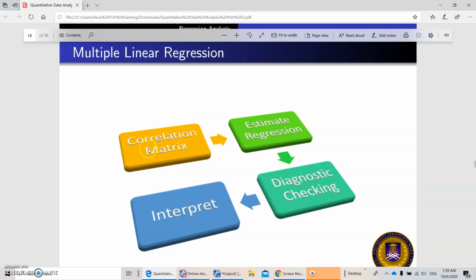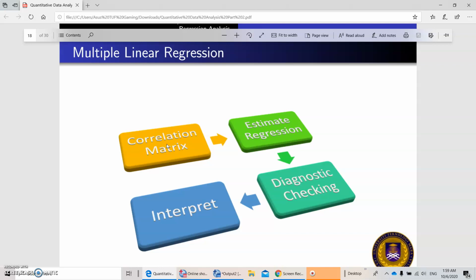These are the steps on how to run the multiple linear regression. First, we check the correlation matrix to see whether there is multicollinearity between the independent variables. If there is multicollinearity, the model will be overestimated.